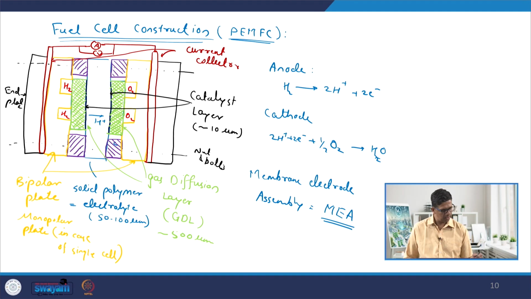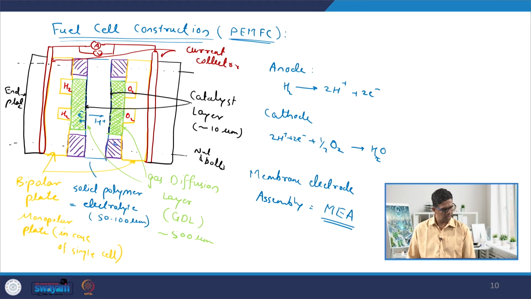So let me quickly show how the electrons flow. Once we have hydrogen getting oxidized at the anode, protons pass through the electrolyte, whereas the electrons jump back towards the gas diffusion layer.